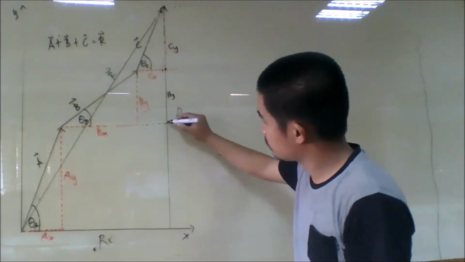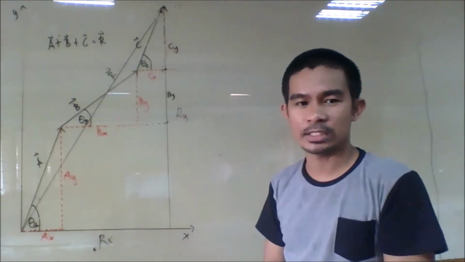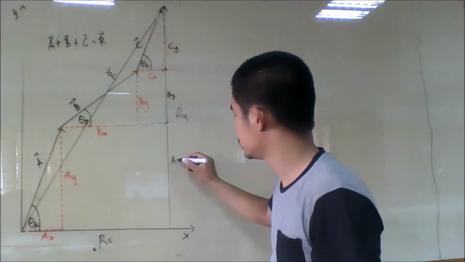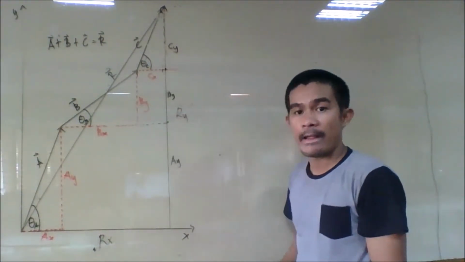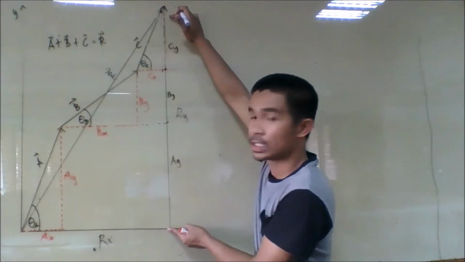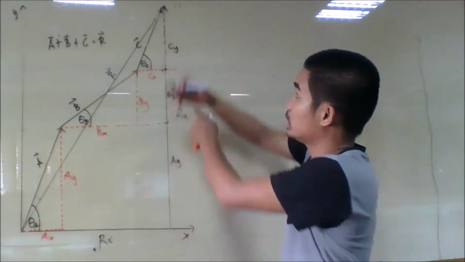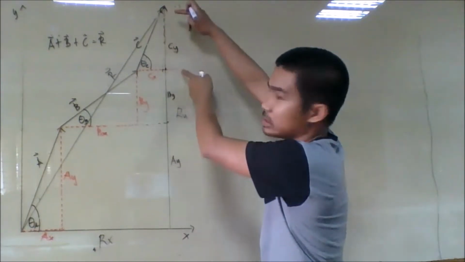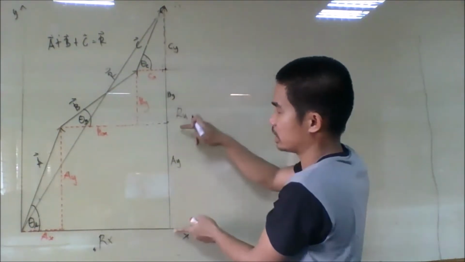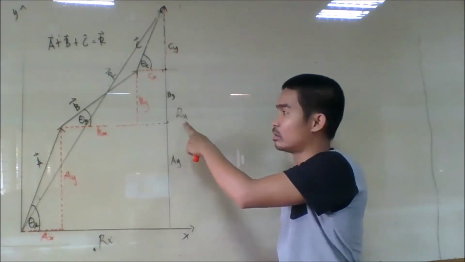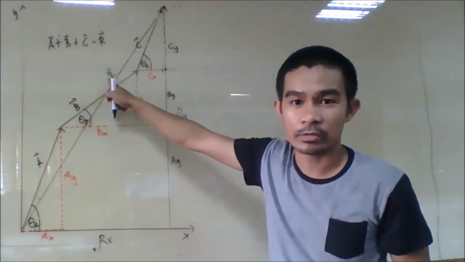And then from this point to that point is the distance or magnitude of A of y. And this length represents R of y. As you can see, if we add all y components, C of y, B of y, and A of y, it is equivalent to R of y, or the y component of vector R.